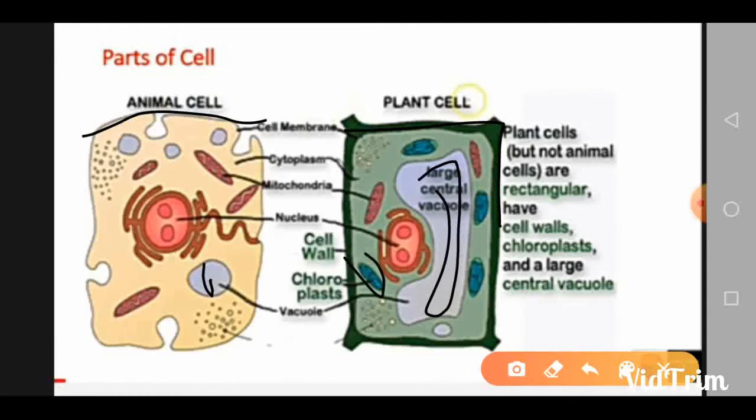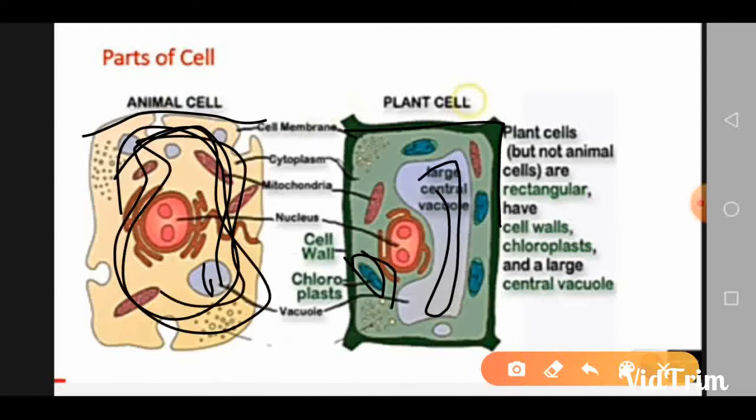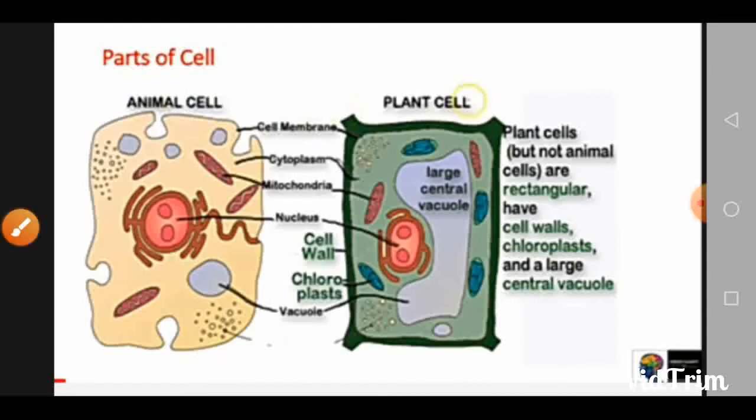We have chloroplasts in the plant cell, and you can see chloroplasts here. In the animal cell, no, because plastids are not present in the animal cell. So let's study about the cell membrane and cell wall.